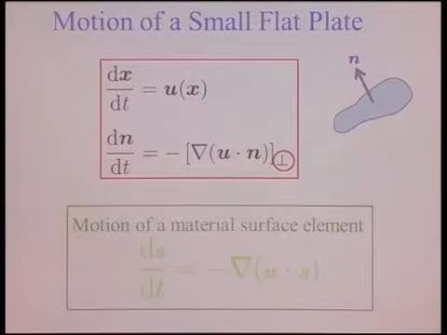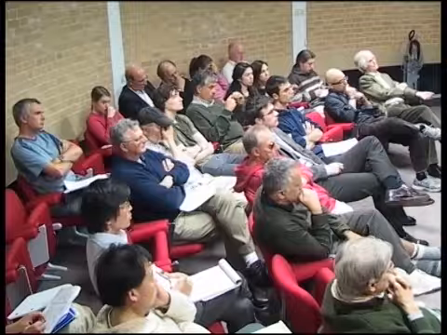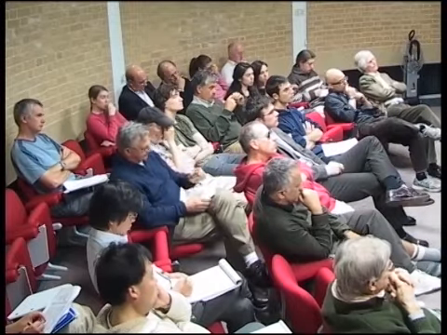Because we assume the plate is small, the characteristic length of the flow is large. So locally it is fairly constant. And this is the equation of motion of a material surface element.